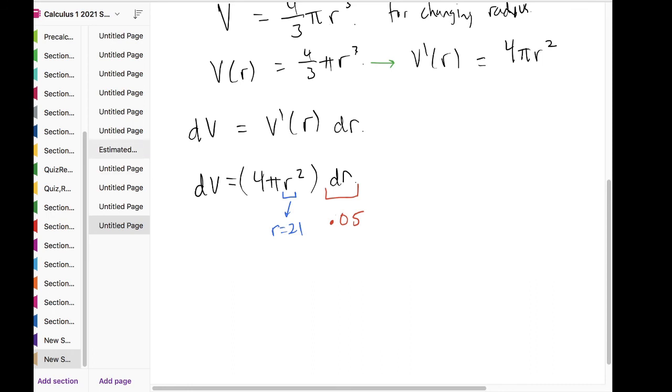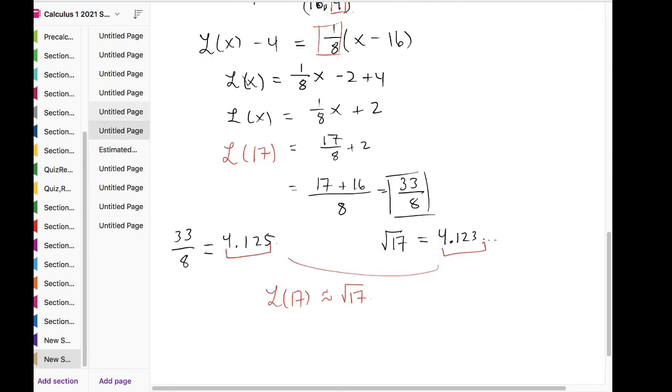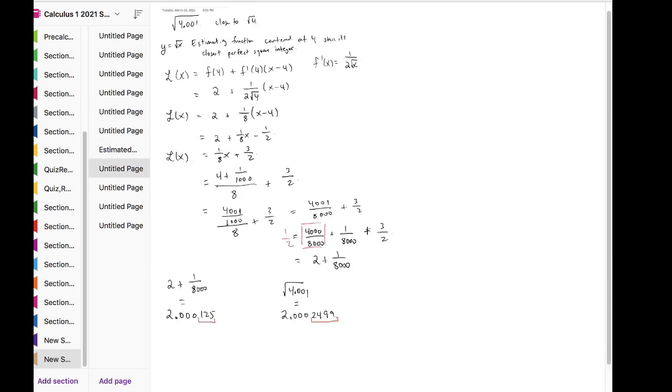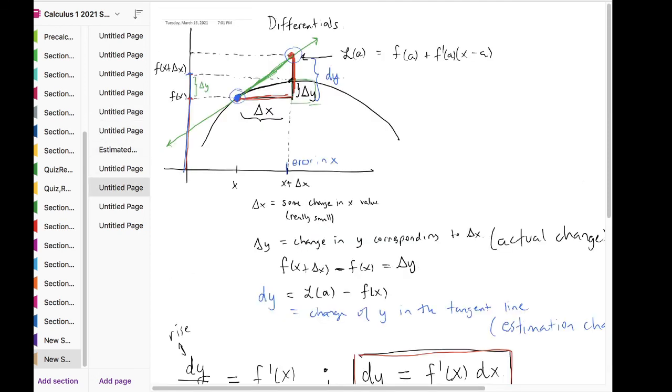This is the actual value of the volume if you were to calculate it correctly, but you were off by a little bit, and this would be your error.